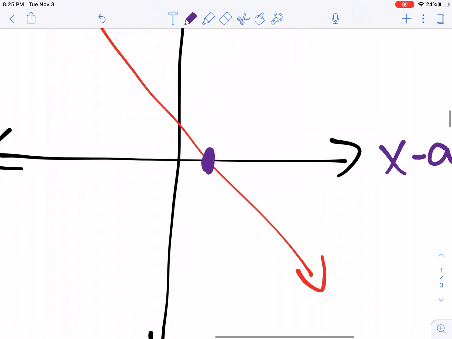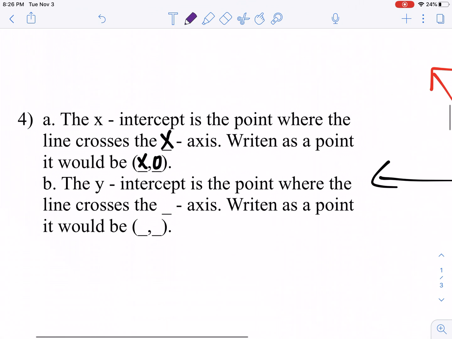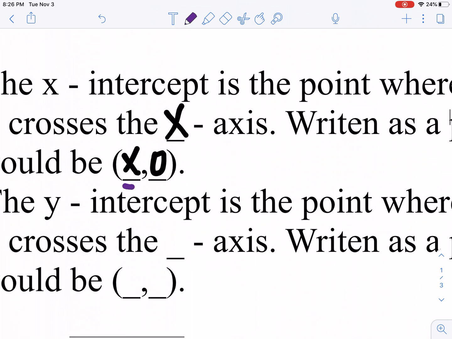For instance, maybe this is a positive 1 here. That would mean our x-intercept would be 1. I'm crossing the x-axis at 1. However, am I going up and down on the y at that point? No, that's the point (1, 0). So your x-intercept will always be wherever it crosses on the x, and the y value would be 0.